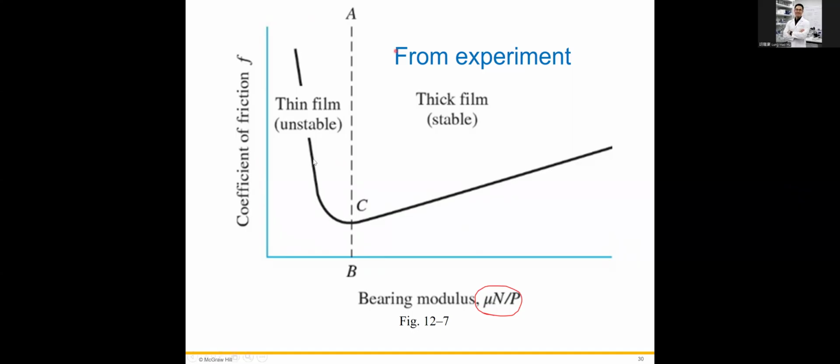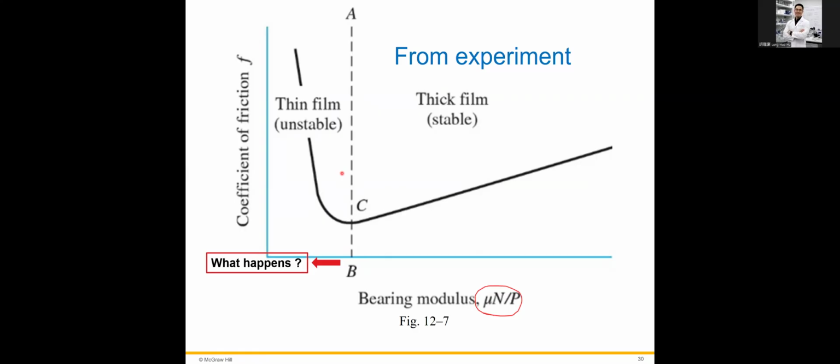So what does this figure tell us? Okay, there's a limit at this AB line, the dotted line AB. To the left of the AB, that means the clearance between the journal and bearing is very thin.